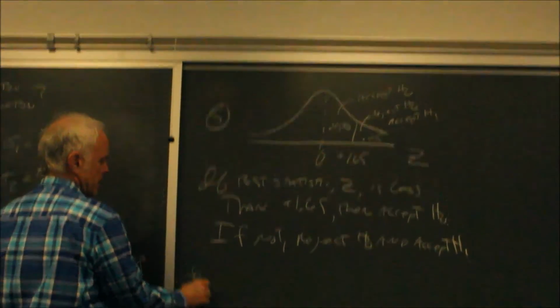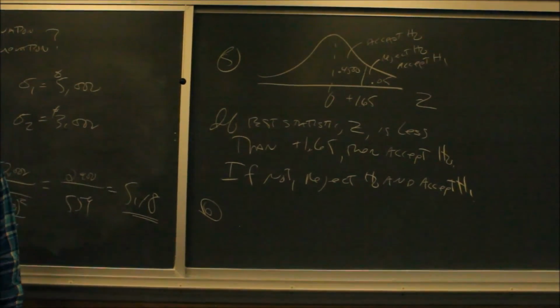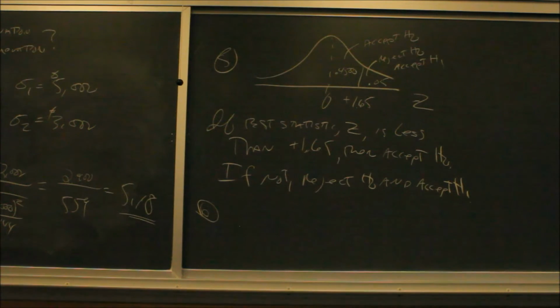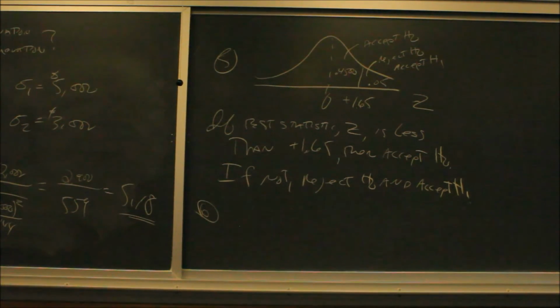Can I ask a question? Yep. Is it correct if we also, instead of saying accept H0 if it's less than 1.65, is it correct just to say if it's more than 1.65, reject H0? Does either one matter?